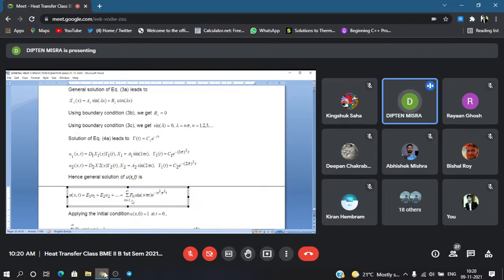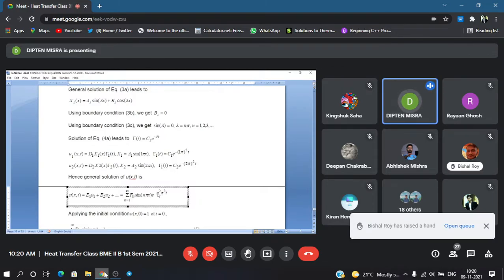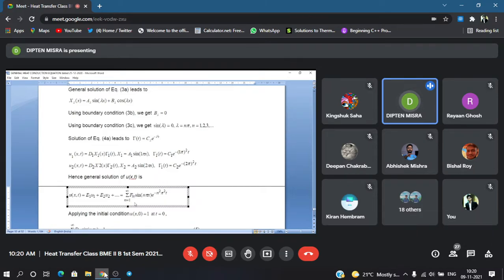The only thing that remains undetermined is f, everything else is known: x varying between 0 to 1, t greater than 0, n equal to 1, 2, 3, 4, 5, 6, like that up to infinity.